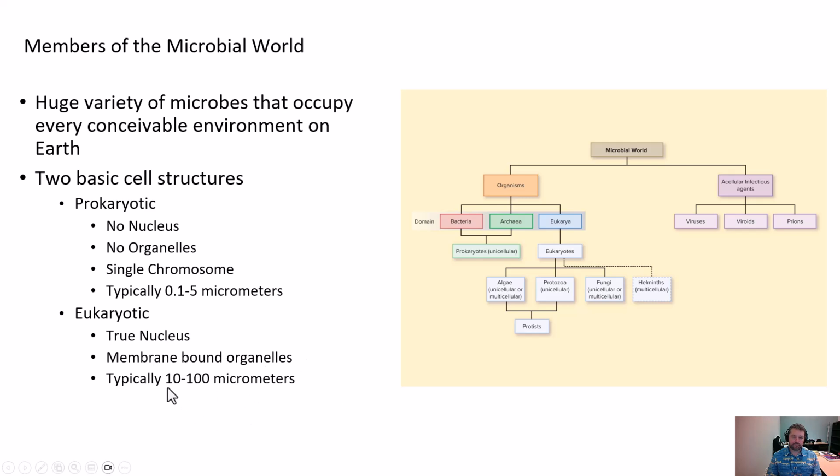Eukaryotes also have membrane-bound organelles, little compartments that have different purposes. In plants you might have chloroplasts and mitochondria. Animals have mitochondria also, fungi have mitochondria, and protozoans will often have a form of mitochondria, or at least an organelle that could be similar.